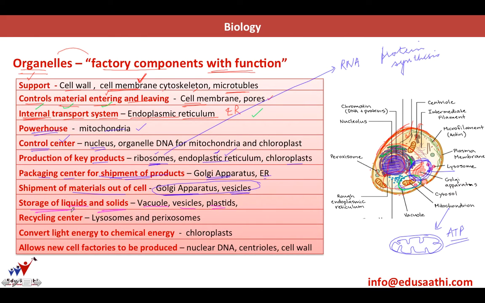Okay. The next one that we have is recycling center. As the name suggests, this helps in recycling of the material, and it helps in intracellular digestion. The organelles, lysosomes and peroxisomes, help in intracellular digestion.